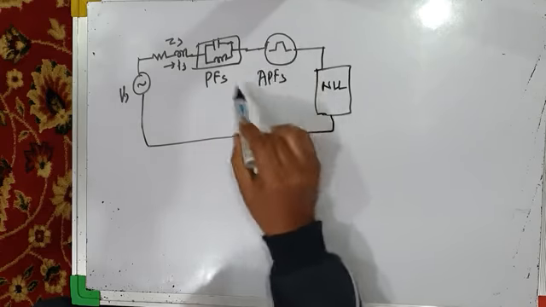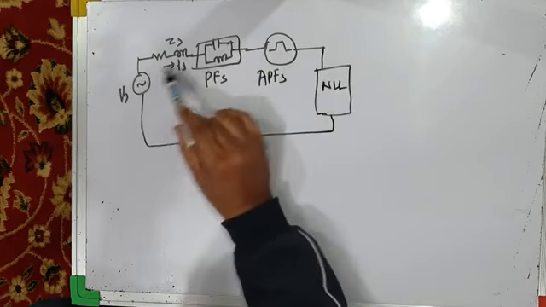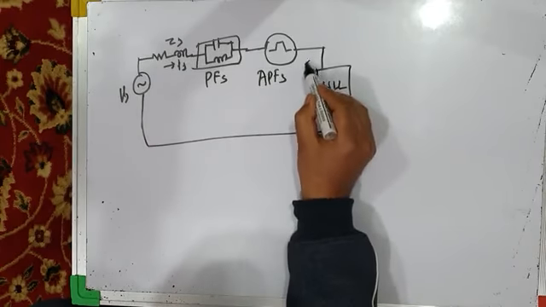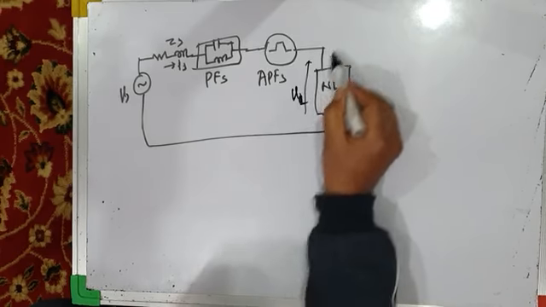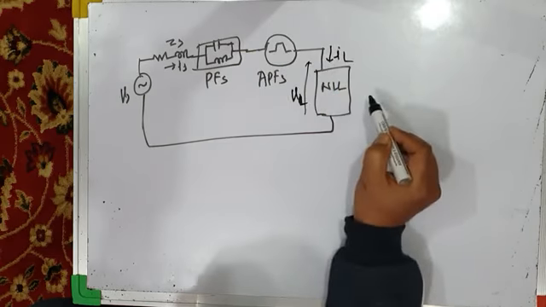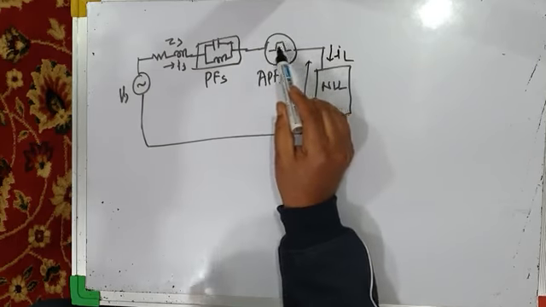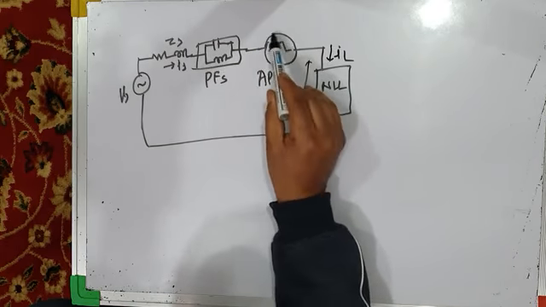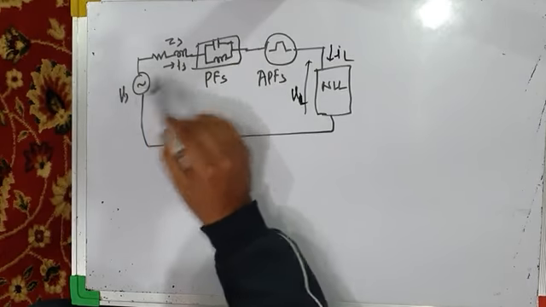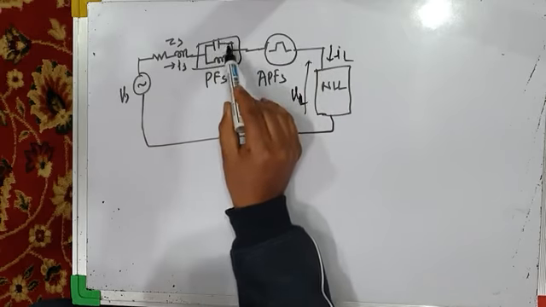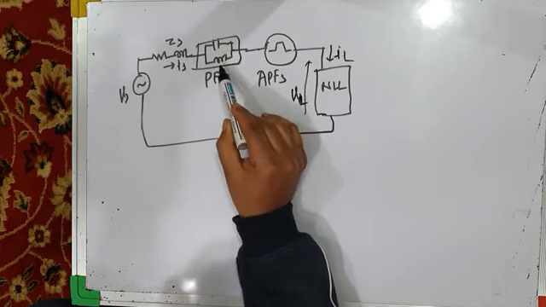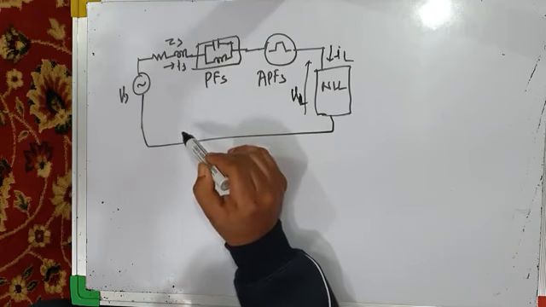Why are we doing this? They do the compensation for load voltage, the source voltage harmonic compensation, so that your load voltage is purely sinusoidal. They do it because part of the harmonic compensation in the source voltage will be done by the series active power filter, and part of the harmonic compensation will be done by the series passive power filter.